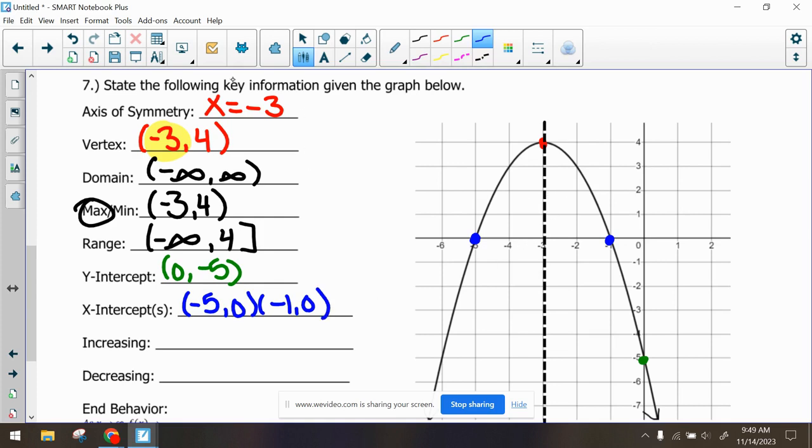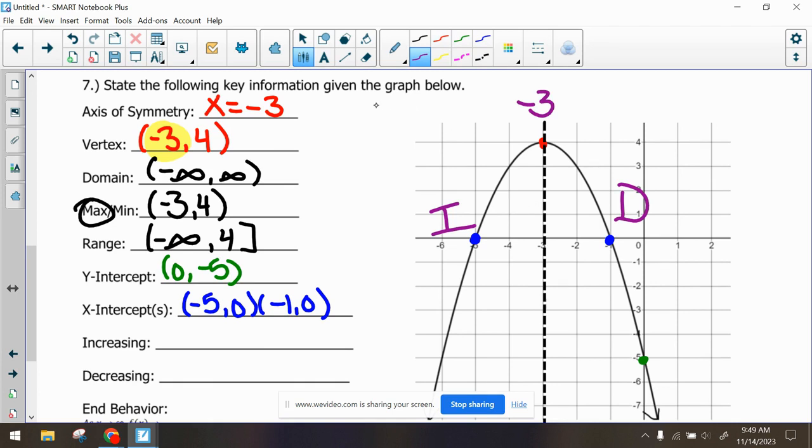If we've already found axis of symmetry, that helps us identify our increasing and decreasing intervals. So for increasing and decreasing, we only care about the x values as we look from left to right. So the left side of the graph is increasing and the right side is decreasing. And our switching point is located at -3.